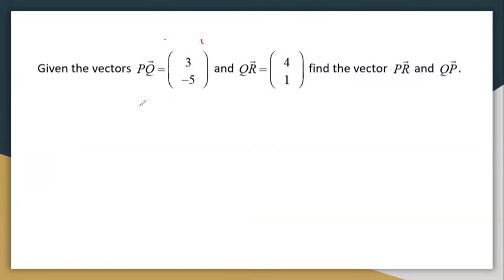Whenever you get these numbers, ask yourself, how many letters do you have? I have P, I have Q, and I have R. If you have 3 letters, you know which figure has 3 sides, that is a triangle.